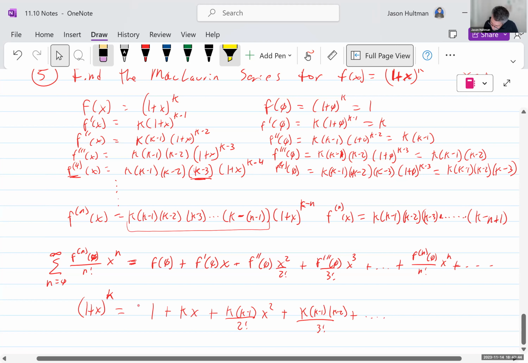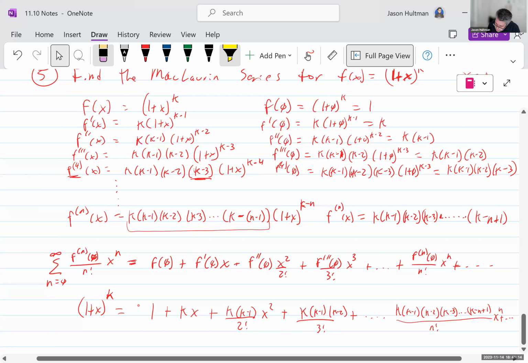This is going to be k times k minus 1 times k minus 2 times k minus 3 dot dot dot k minus n plus 1 all over n factorial x to the nth plus dot dot dot.